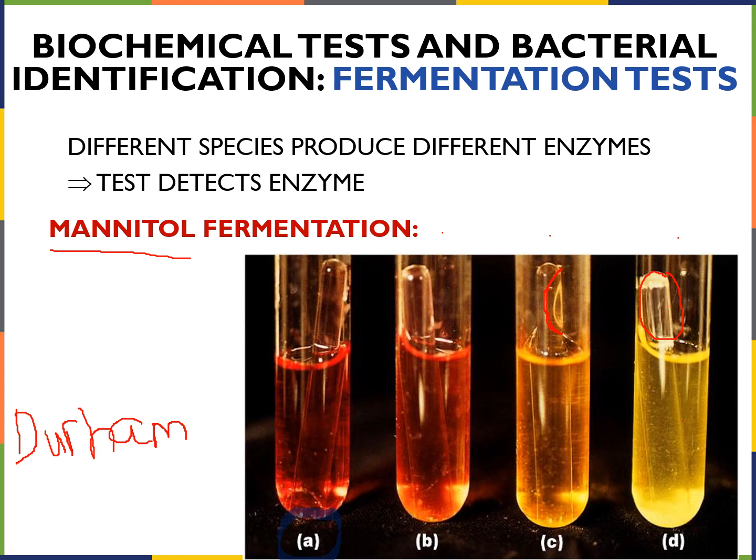I know this because it produced acid. Acid caused the color change because there's a pH indicator in the phenol red media, and it produced gas, and the usual gas is carbon dioxide. You can see the carbon dioxide bubble, a big gas bubble in that Durham tube. So D is a positive result. So B is negative, C is negative, D is positive. And that's the way the fermentation tests work.